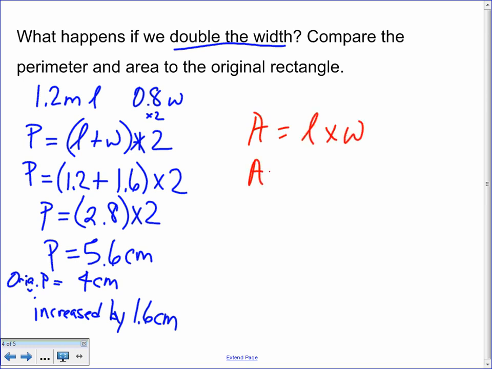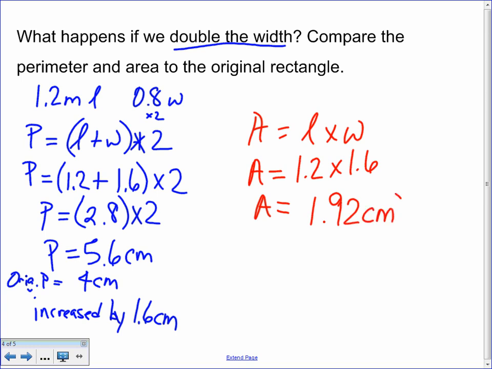My length is still 1.2. My width is 1.6. So my area equals 1.2 times 1.6, which is 1.92.